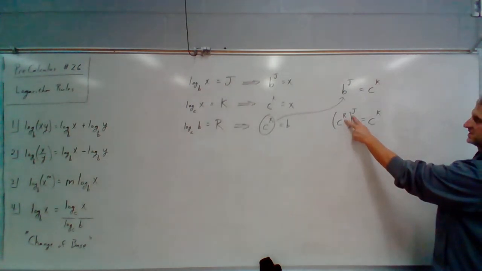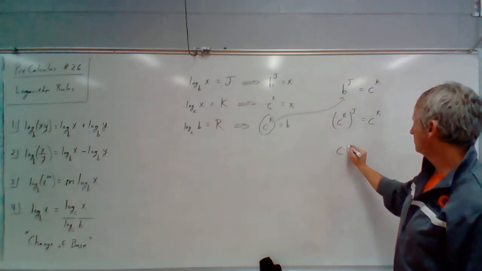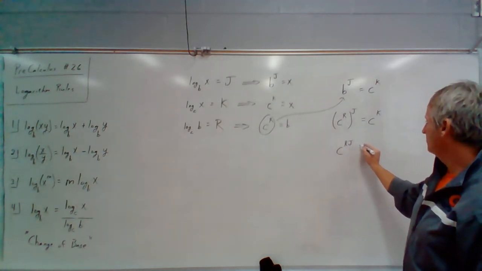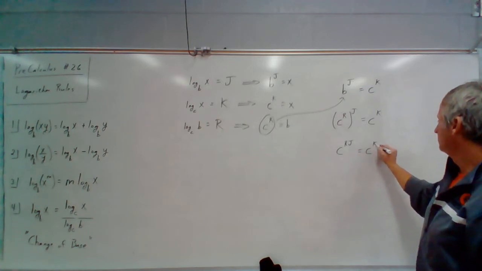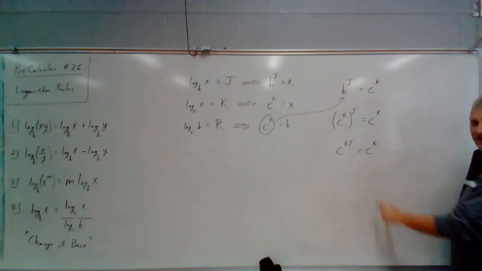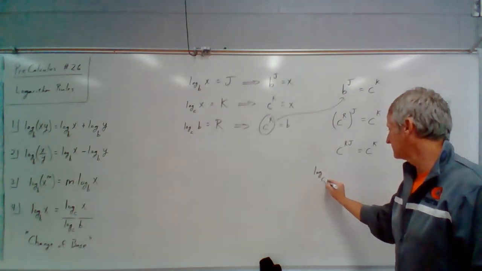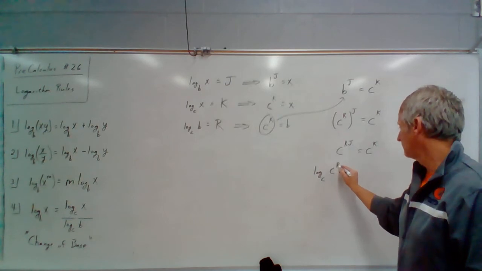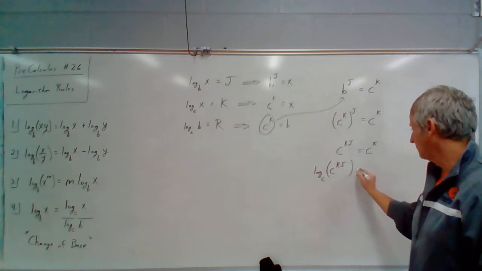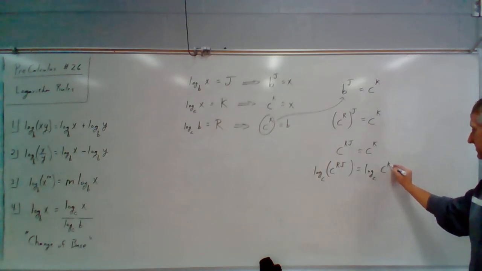I know what to do to these exponents. I can multiply those. So I have c to the rj equals c to the k. And I know how to solve this equation. Now I'm going to take log base c of both sides. So log base c of c to the rj equals log base c of c to the k.